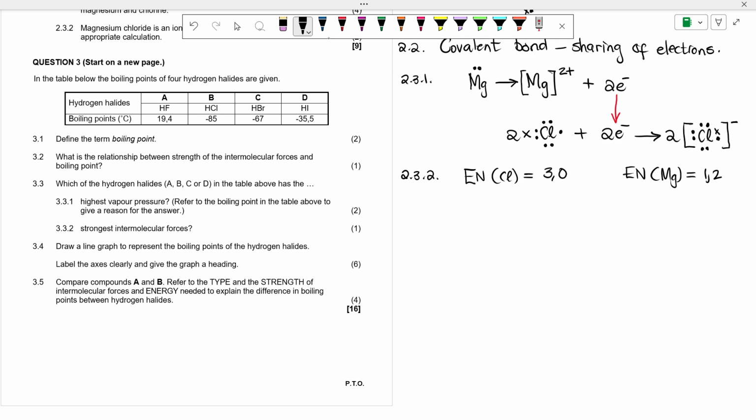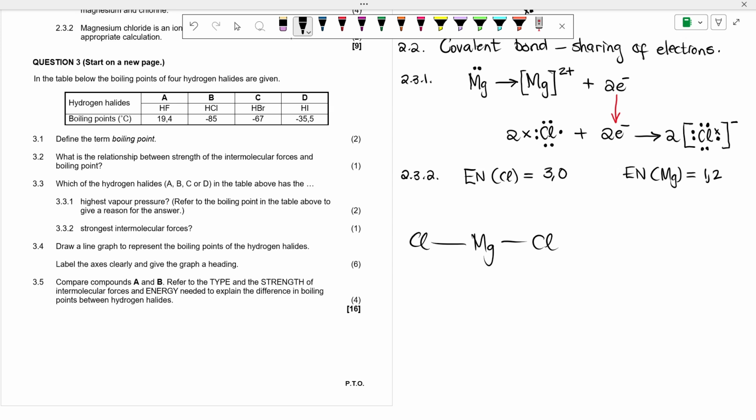Then you're going to take the difference between that electronegativity, and that difference will tell you the kind of bond that forms between the molecule. Whether it's covalent, is it weak covalent, is it strong covalent, is it polar, is it non-polar? You remember those things, and they all form part of intermolecular forces.